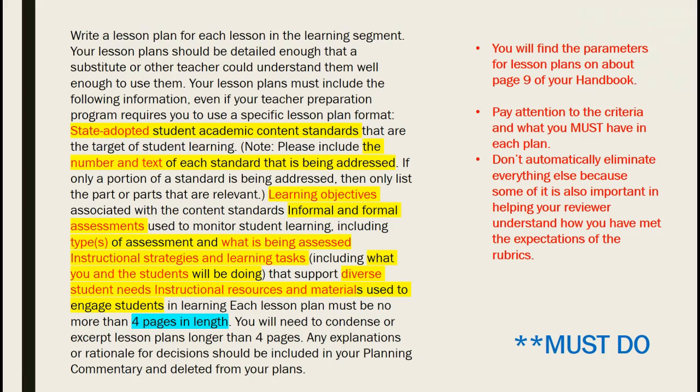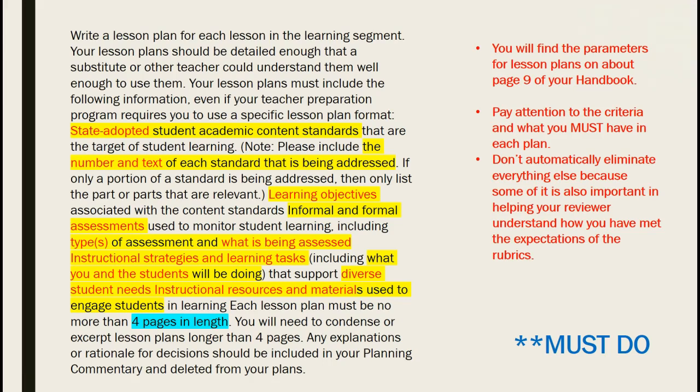It needs to include this information: your state adopted student academic content standards. Now, you want to make sure that you're using the standards that your teacher is using. So don't be worried if it's not exactly state adopted, but if you're using standards from an AP class or something like that, they have to be state adopted standards.